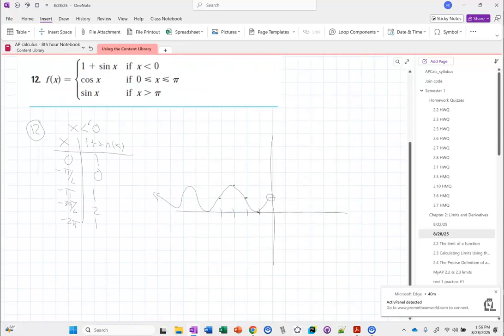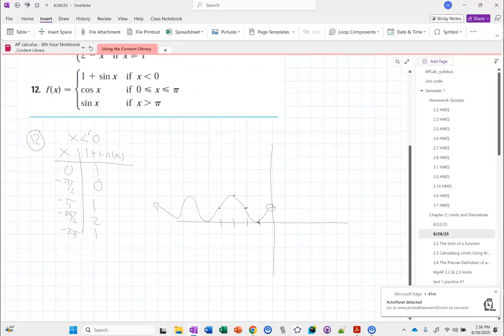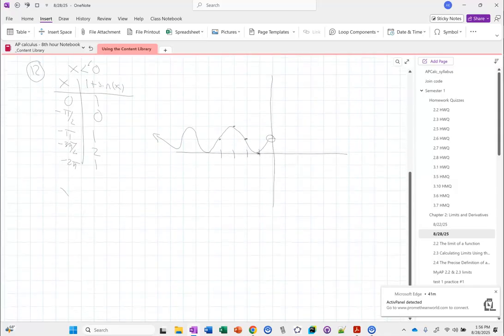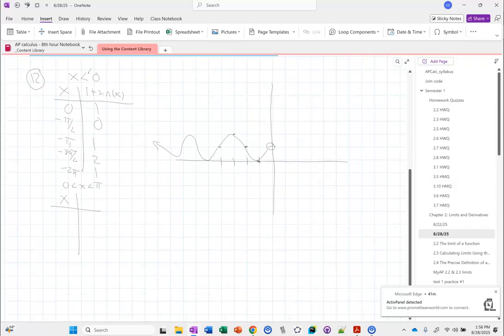Now I'm going to do the next part. So it's cosine between 0 and pi, and those are both equal to's.